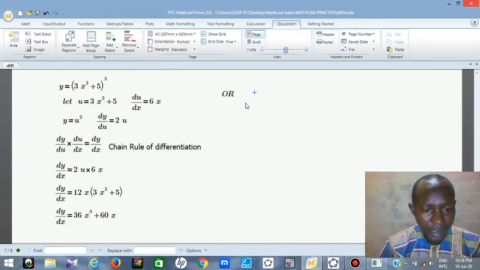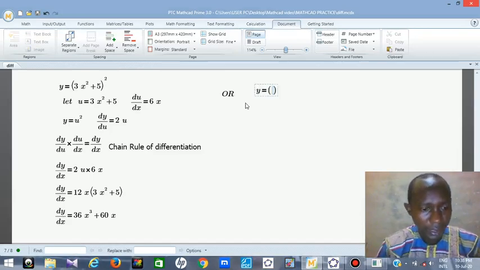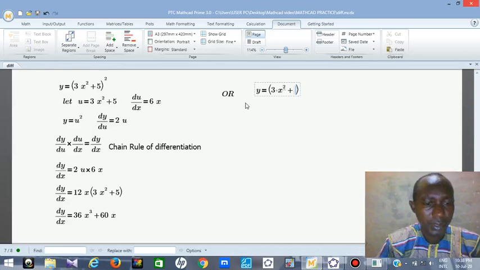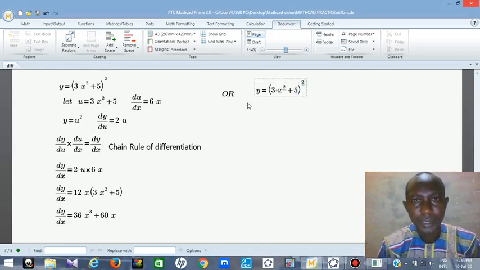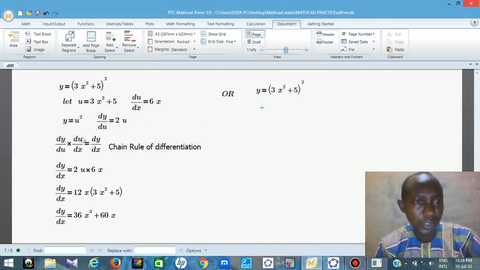So if I have this same question, which is y equals (3x^2 + 5)^2, most times I don't like using the chain rule to solve my function of a function.